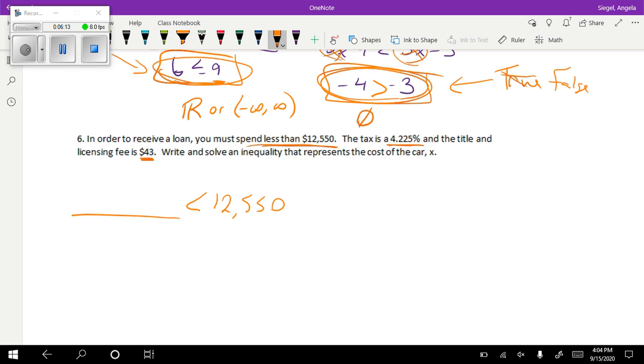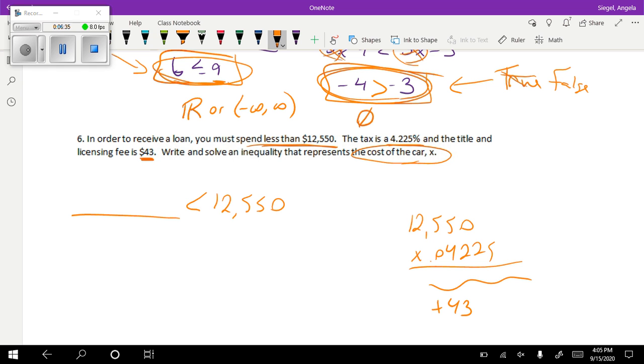So solve and write an inequality that represents the total cost of the car. So think about what we're doing. We're buying this car for $12,550, and so we're going to have to pay taxes on that. And then once we have that, we're going to have a $43 fee.